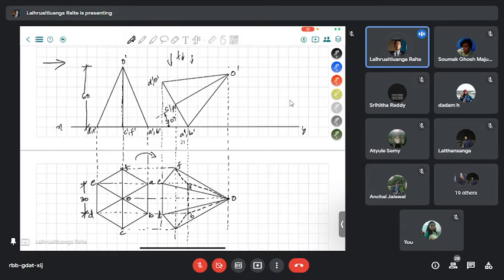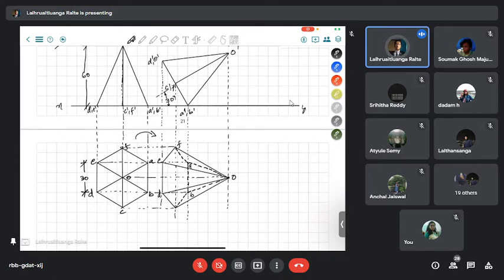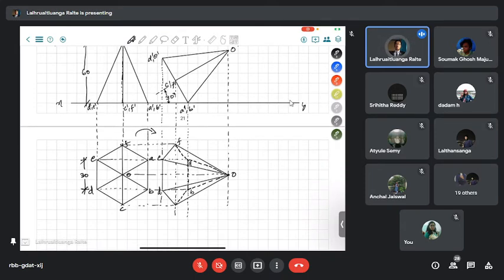All right. So if the question says, like the one that we had done in the previous one also, that the corner is in the horizontal plane and it is resting in the horizontal plane and the axis is inclined to the horizontal plane at so and so, then we are going to put a corner on the right hand side.